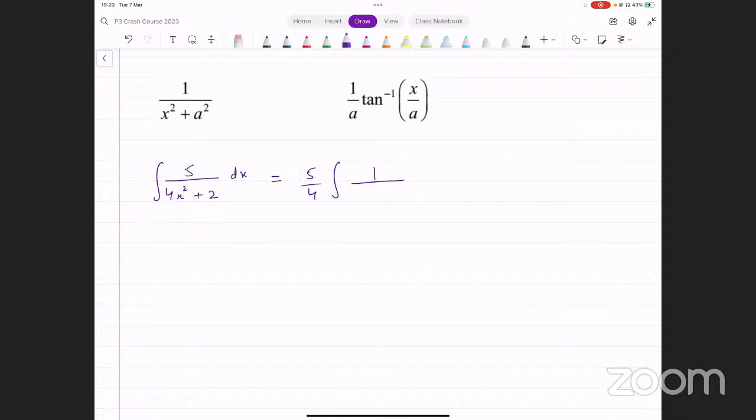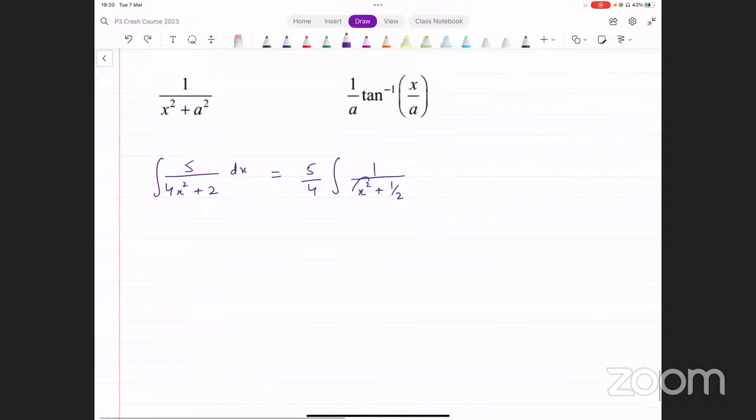If you take 4 common, what are you left with inside? x squared plus 2 over 4, right? So when we take 4 common, that leaves us with x squared plus 2 over 4, which could be written as x squared plus 1 over 2 essentially. And now we have something that is very similar to this form. We have x squared here.